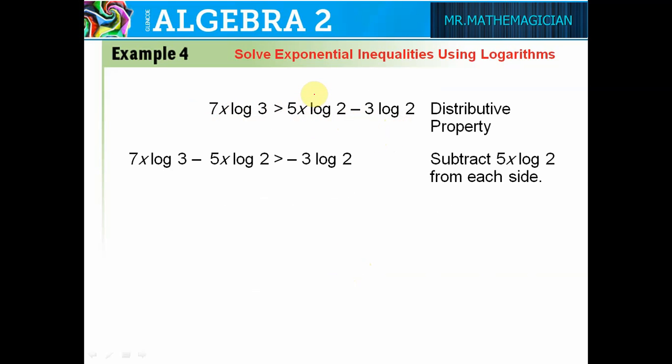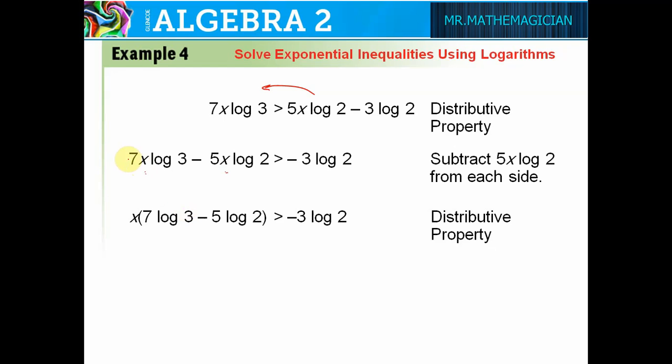So now I can take this to the other side because I need to gather x's together. So 7x log 3 minus 5x log 2 will be greater than negative 3 log 2. Now you can take the x as a common factor. So if you take x common factor, 7 log 3 minus 5 log 2 will be inside the bracket, still greater than negative 3 log 2.